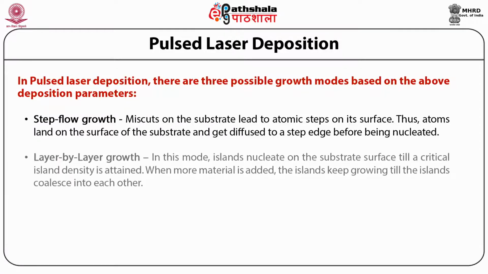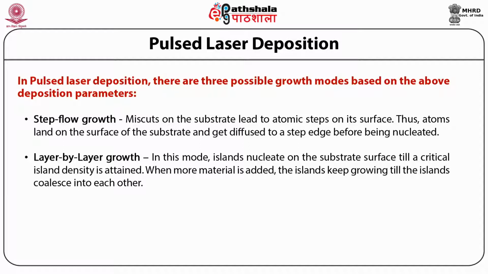Second is layer by layer growth. In this mode, islands nucleate on the surface of the substrate till a critical island density is attained. When more material is added, the islands keep growing till the islands coalesce into each other.